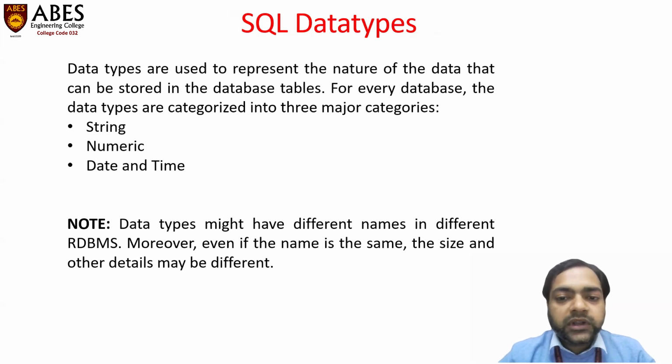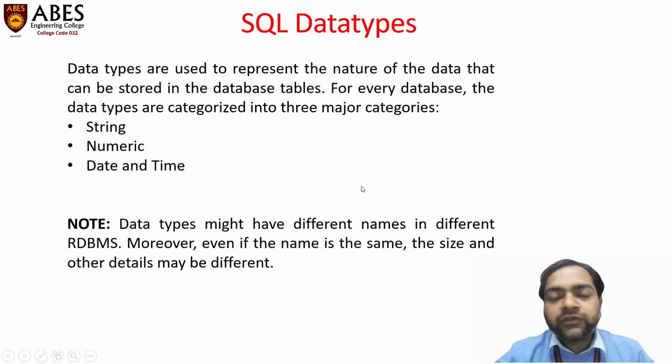If we talk about the database, the data types are categorized into three major categories. We have some other categories also, but these three are the major categories used in the database. That is string, second numeric, and third date and time. But one point to be noted is that data types might have different names in different RDBMSs.